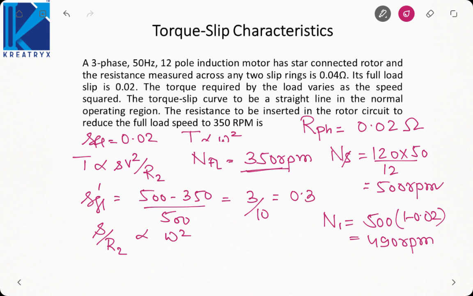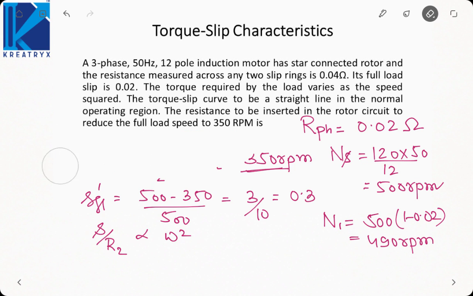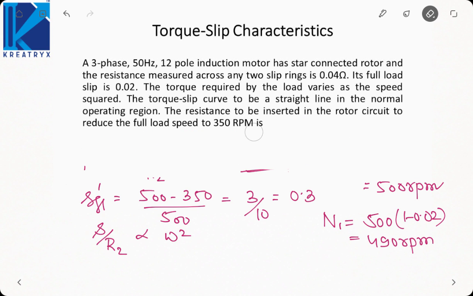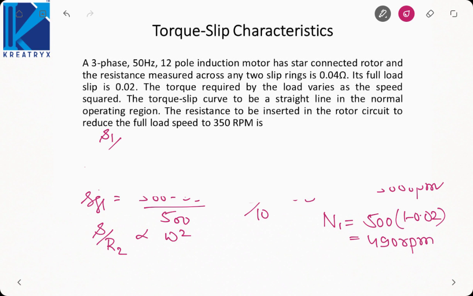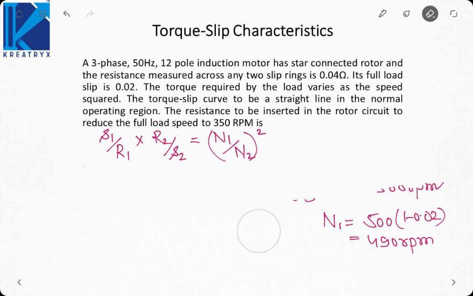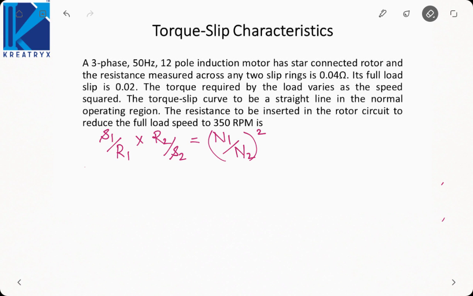So we know the old speed, we know the new speed. We need to find the external resistance. So what I will do is S1 by R1 into R2 by S2 should be equal to N1 by N2 whole square. R1 is the old resistance, R2 is the new resistance.